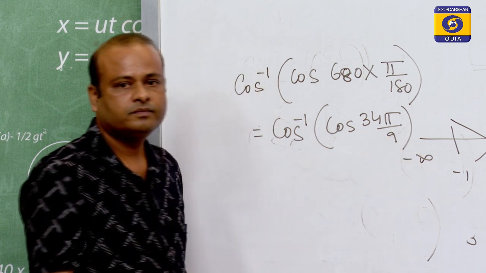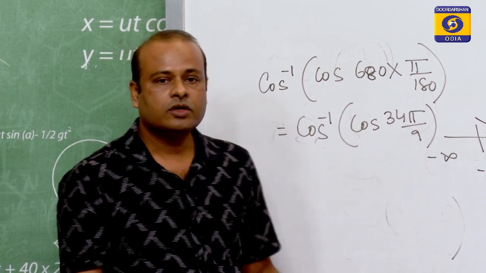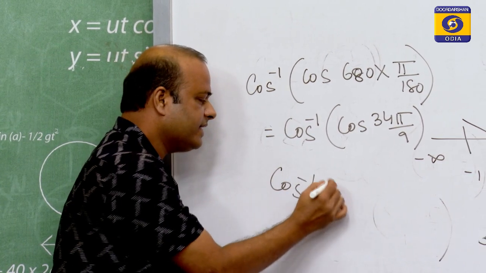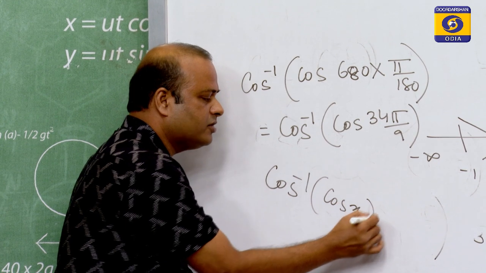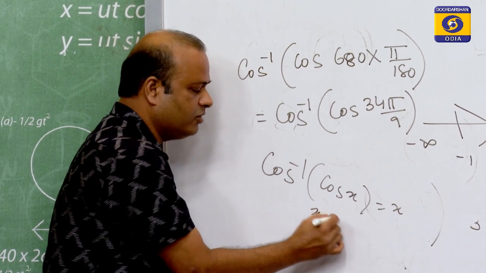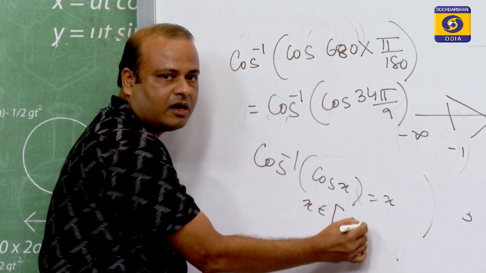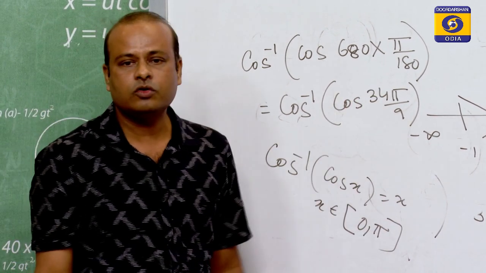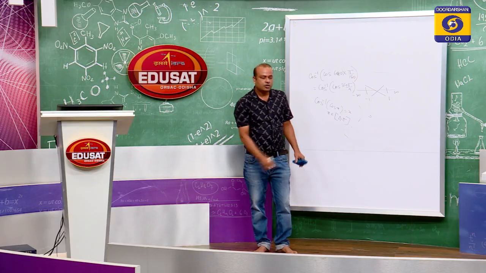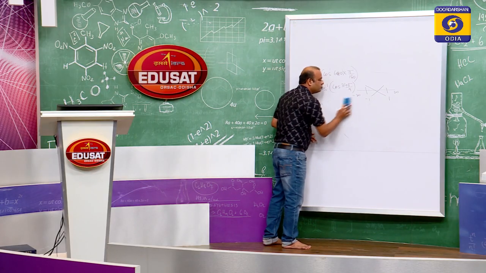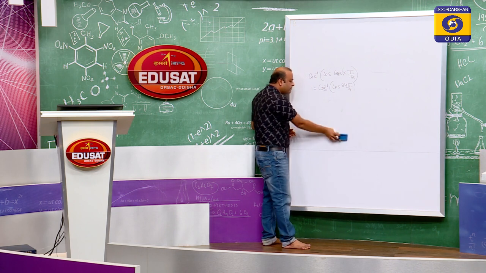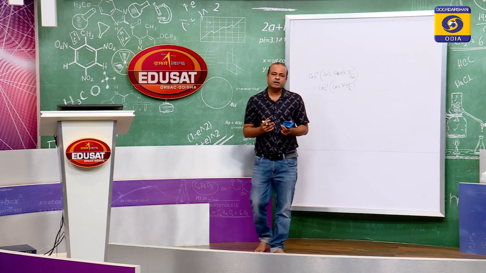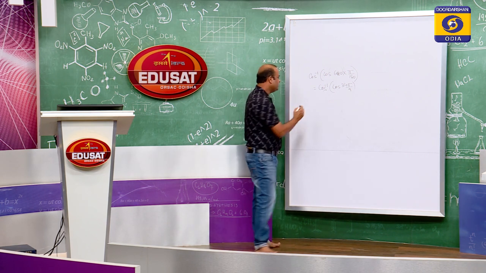But you know cos inverse cos x is equal to x if x belongs to the closed interval of 0 to pi, but this is not in the closed interval of 0 to pi.